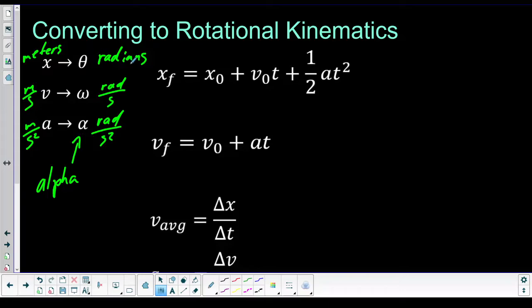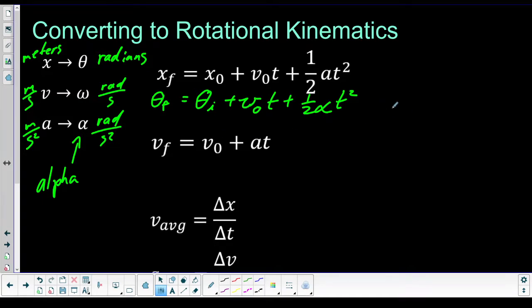Okay. Let's change all these equations to your rotational kinematic equations. Final displacement is theta f equals theta initial, or not, whichever one you prefer, the 0 or the i, I don't care, plus omega naught t plus 1/2 alpha t squared. And there you go.